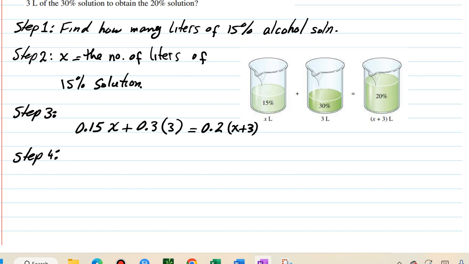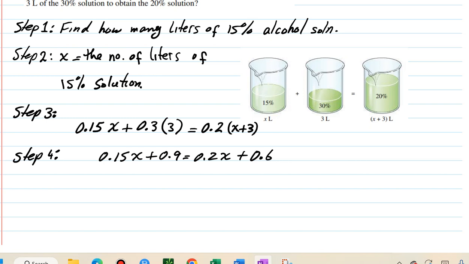Step 4, I think we want to solve now, right? So how are we going to solve it? That's 0.15x plus 0.3 times 3 is 0.9, and on the right side I'm going to distribute 0.2 onto x and 3, and that's the equation we get. So we did the distributive property on the right side.